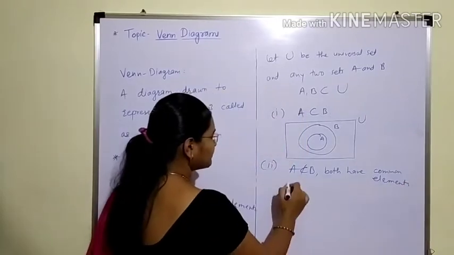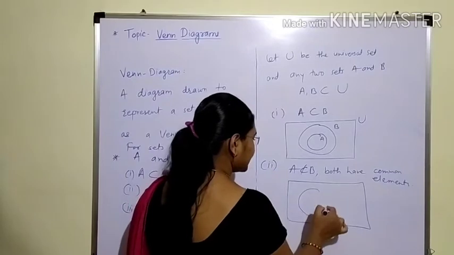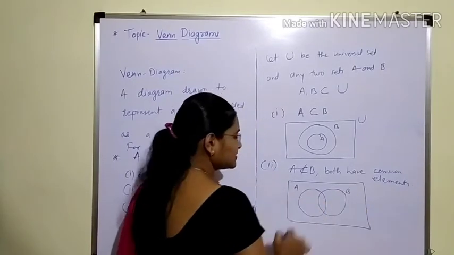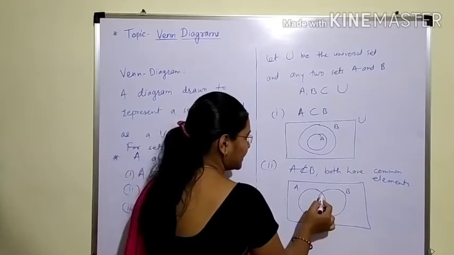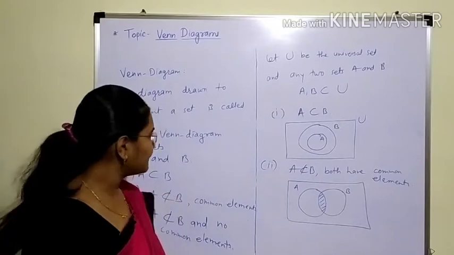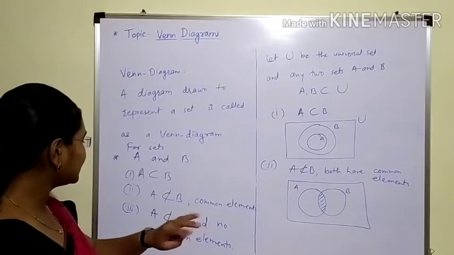So for this, the Venn diagram will be set A and set B. This is your set A and this is your set B, and both have these common elements. Any doubt?